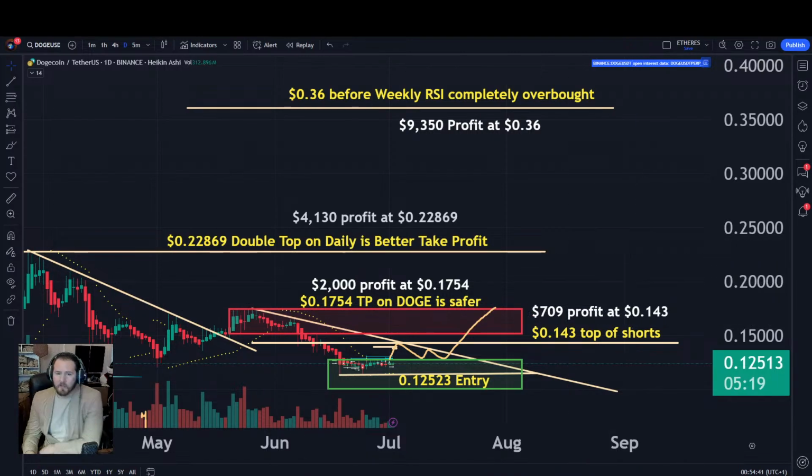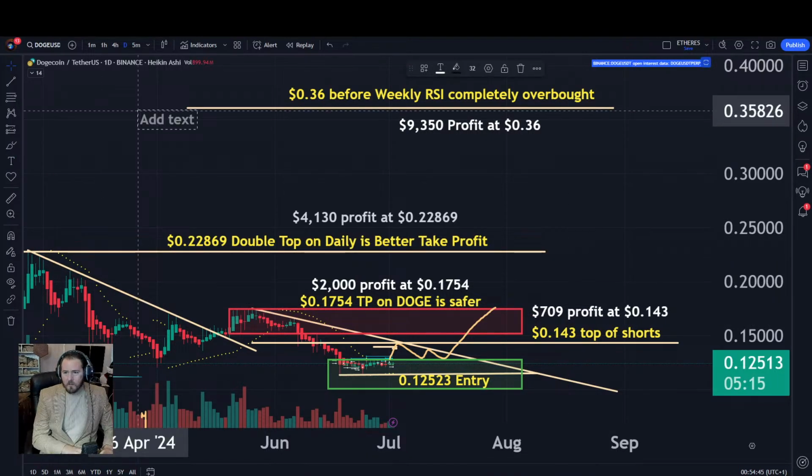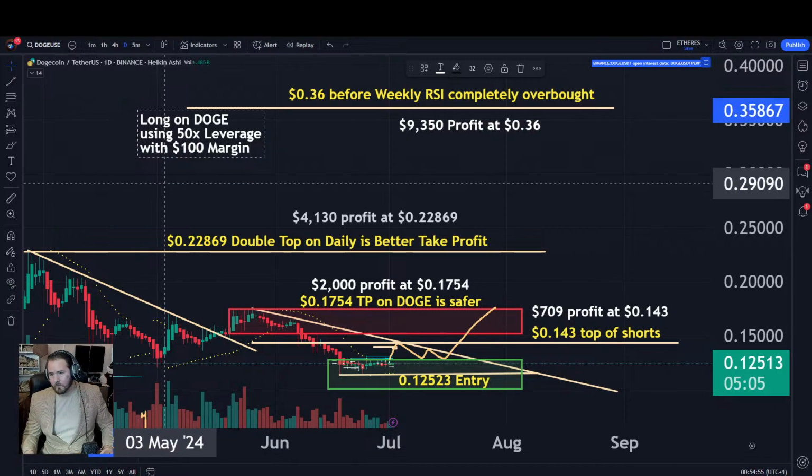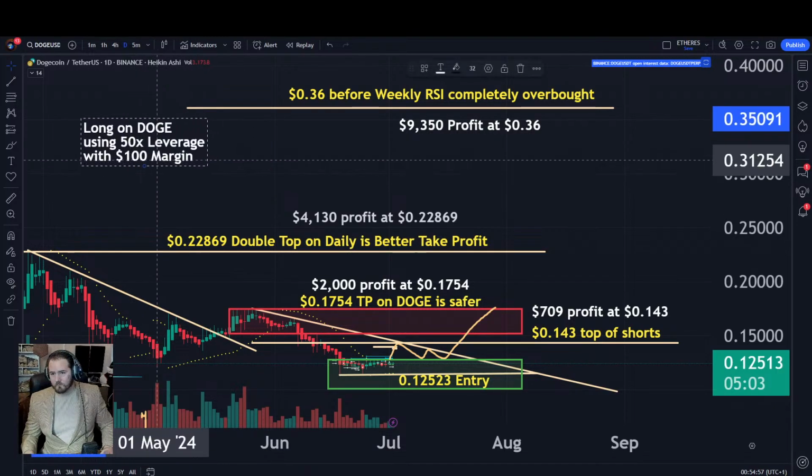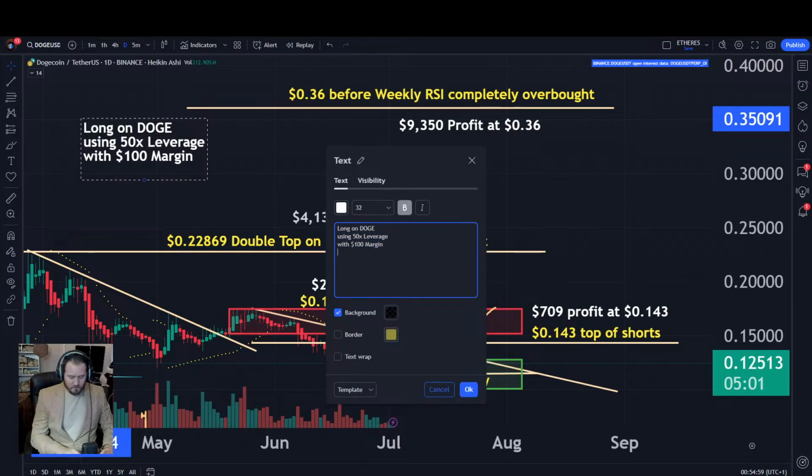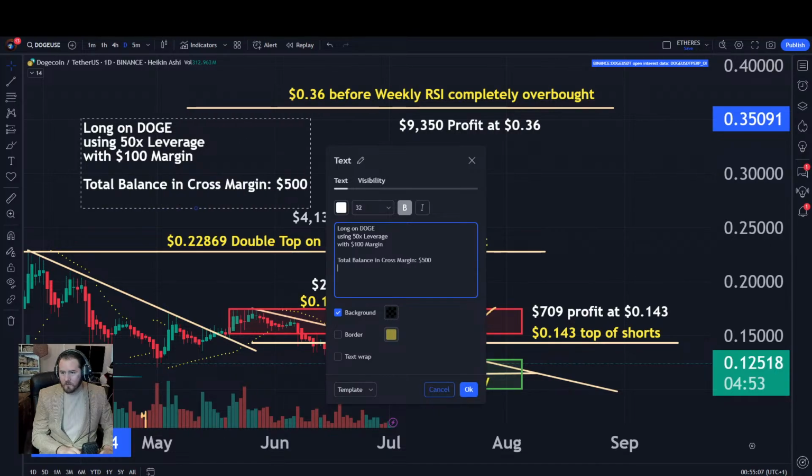So this is what I'm looking at here on this long. Long on Doge using 50 times leverage with $100 margin. Total balance in cross margin, 500.